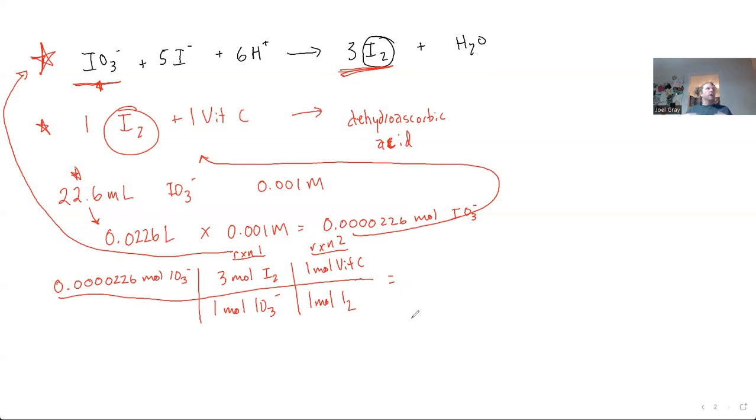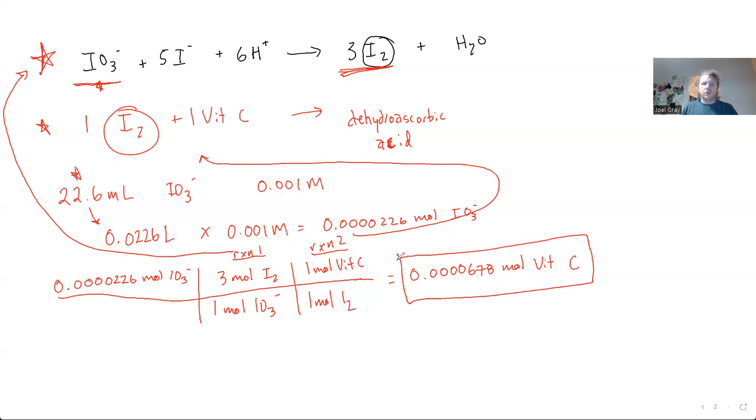Now, we have all that information in, and what we can do is plug this in. 0.0000226 times 3 times 1 divided by 1 divided by 1 gives us 0.0000678 moles of vitamin C. Okay, so this number right here, what's the use of it?